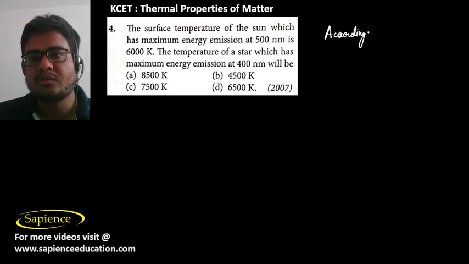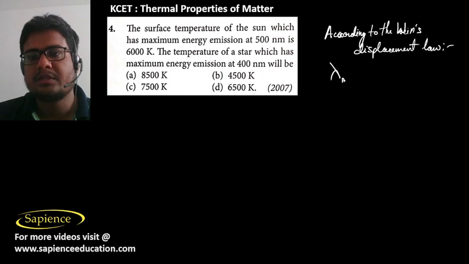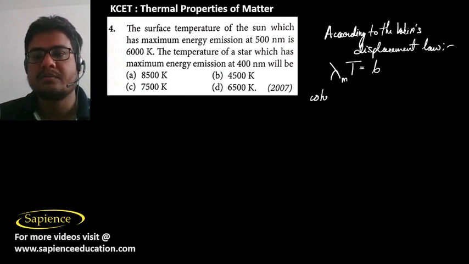According to Wien's displacement law, the formula is lambda m into T is equal to b, where b is called the Wien's constant.